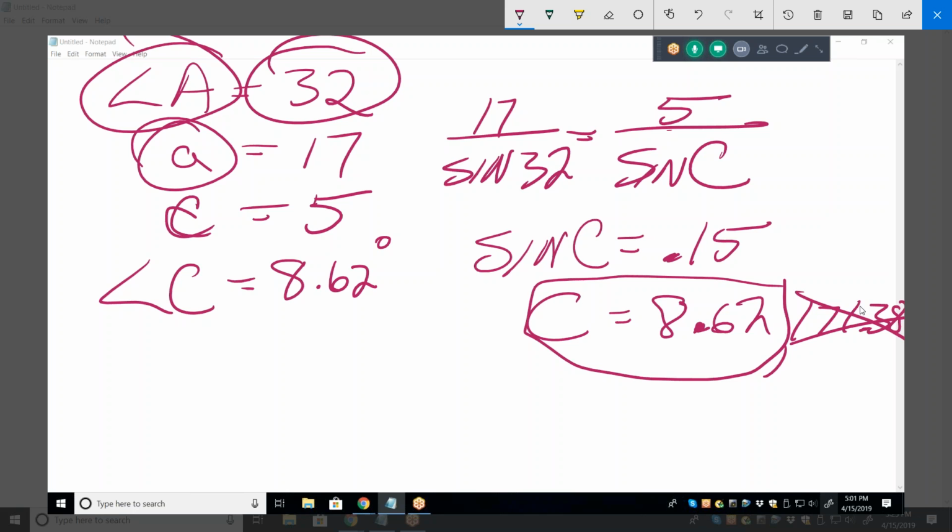Well, first of all, we need to figure out what the angle B is. You can't use law of sines if both numerator and denominator are variables. So we need to figure out what angle B is. We know what angle A is. We know what angle C is. So what is it?